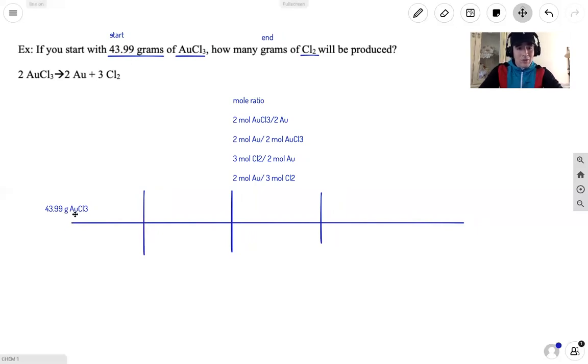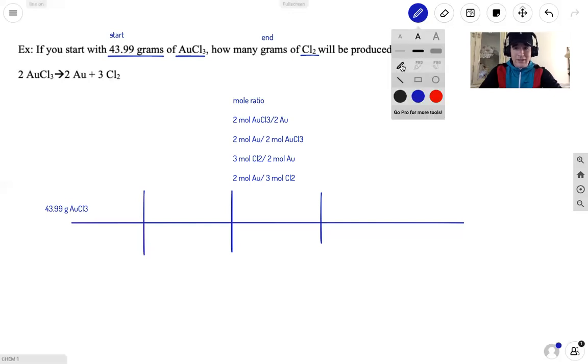I need to get rid of grams of aluminum trichloride. So down here, I'm going to put grams of aluminum trichloride. In 1 mole of gold trichloride, there are 303.33 grams.